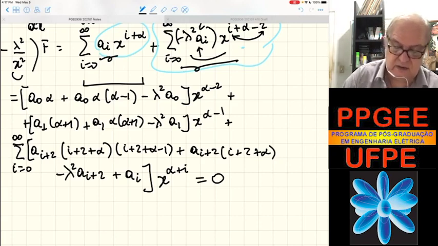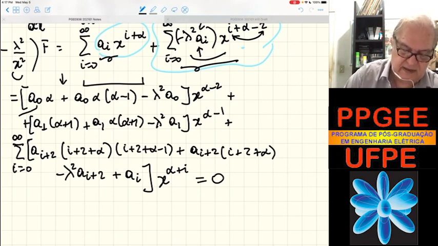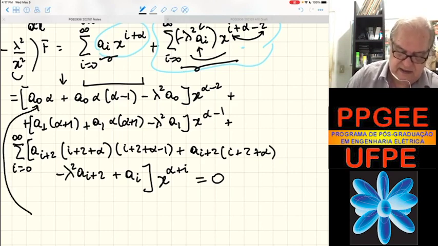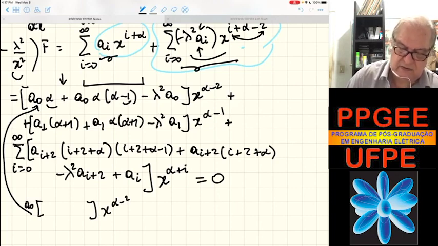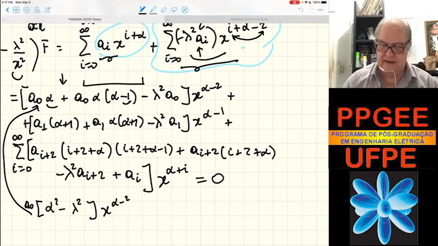For instance, this one here gives, if I look at this coefficient here, the first coefficient of x to alpha minus 2 equals to, alpha cancels here, so it's going to be a0 times alpha square minus lambda square.